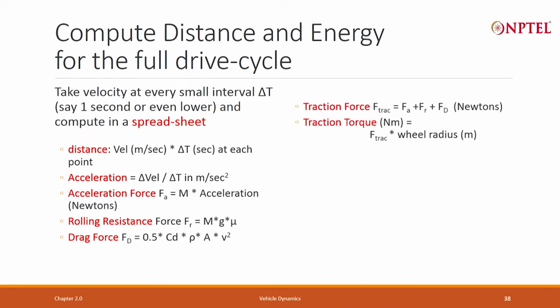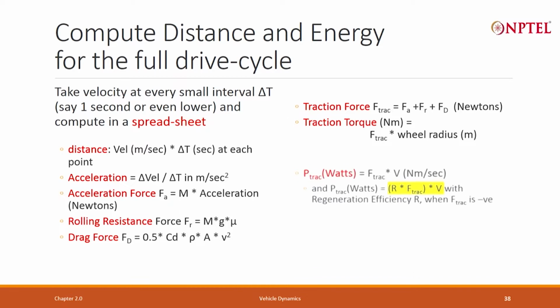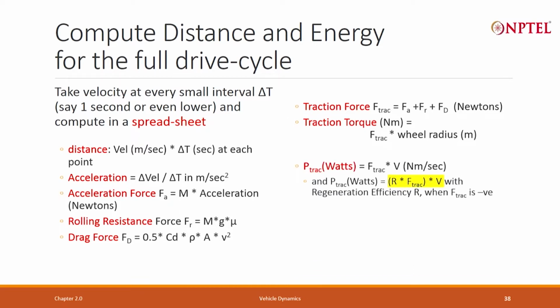We added all this to get the traction force required, and we also computed the traction torque, and then the power required to move at that second. Then we integrated the power and obtained the energy. And we said this can be very nicely done on a spreadsheet.